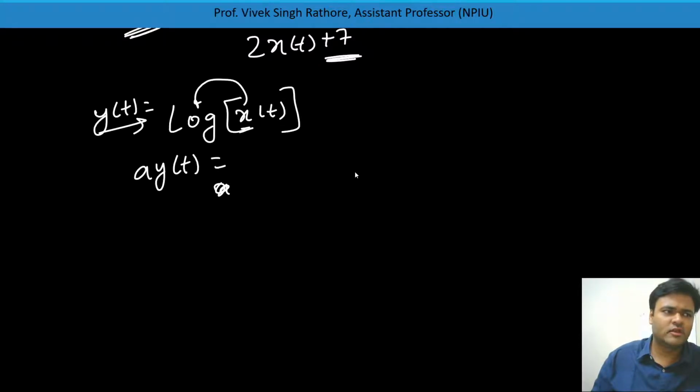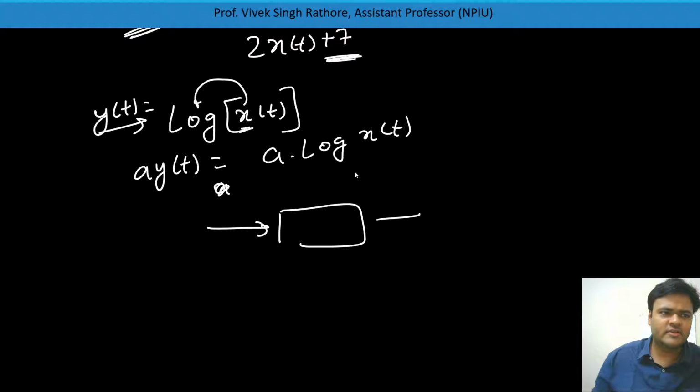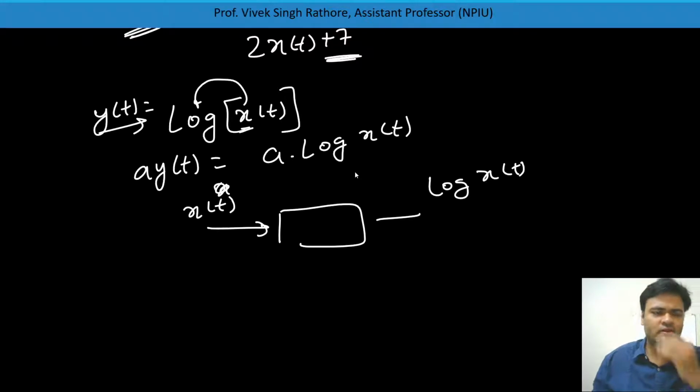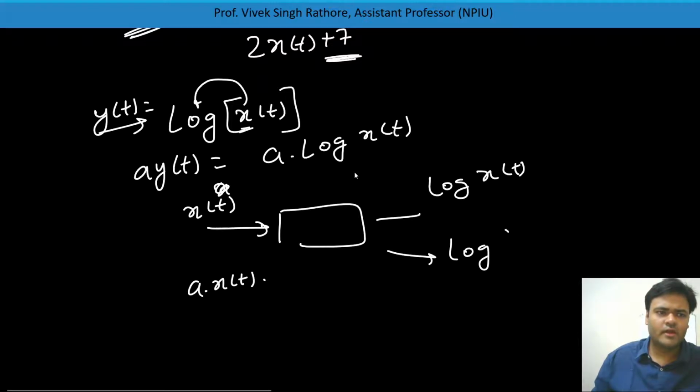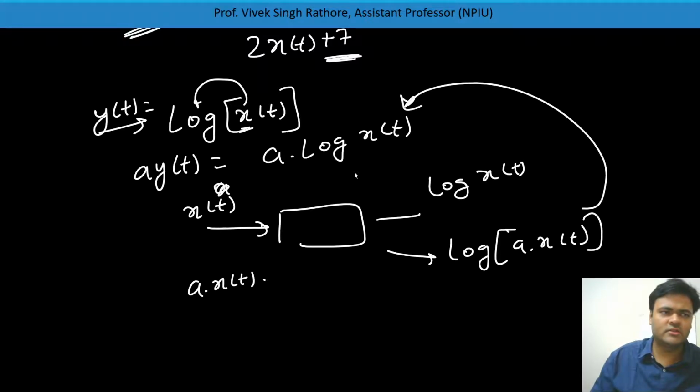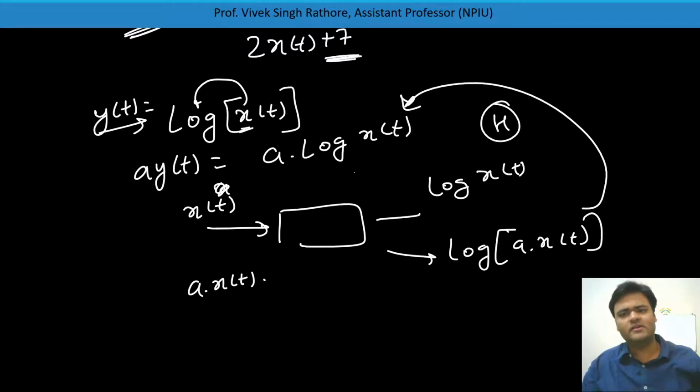If we give xt input, it creates log of xt. If you give input as a into xt, it will give log of a into xt, which is not equal to a into yt. So it is not satisfying the homogeneity principle, so we can say that it is a non-linear system.